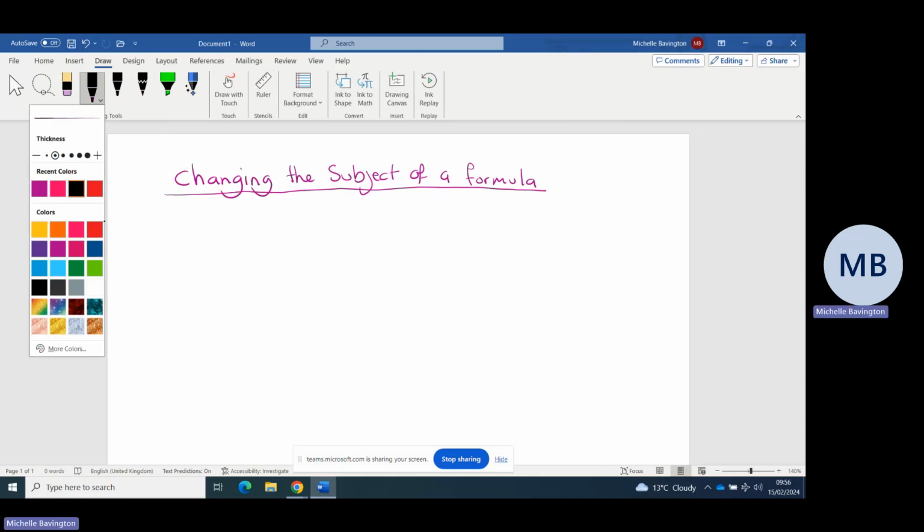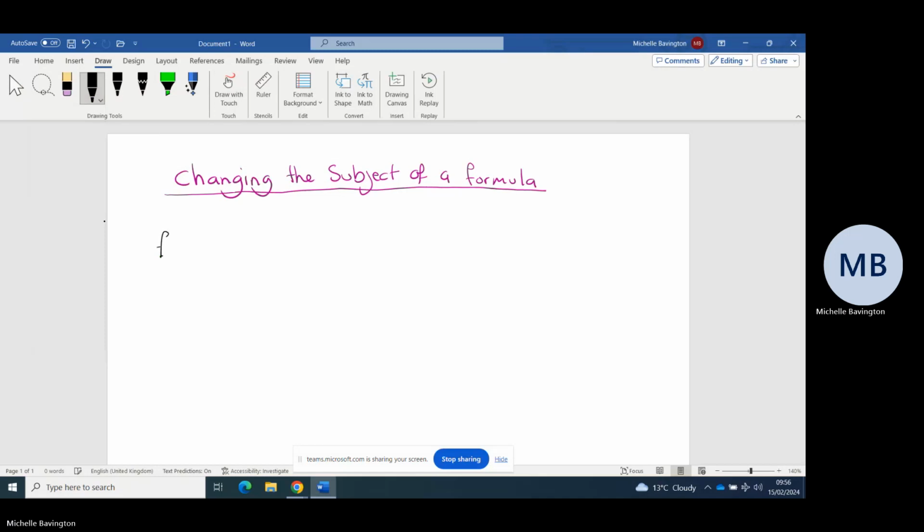Right, okay, so we've got F equals 5C minus 8. And the exam says make C the subject.